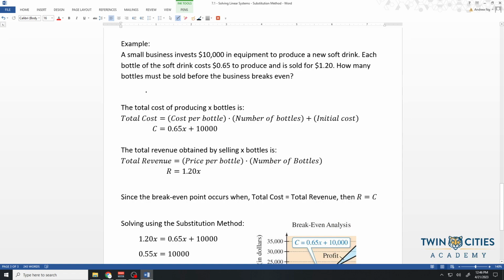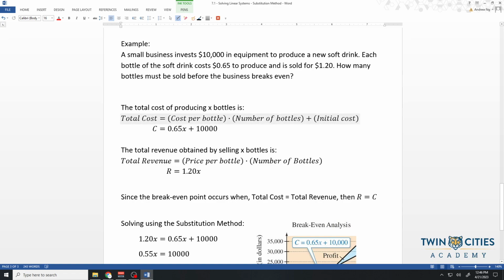We have to find two equations. What's the total cost and what's the total revenue? Well, the total cost is the cost per bottle times the number of bottles that you make, plus whatever initial cost you had. $10,000 was my initial cost, so I know this last part, plus 10,000.